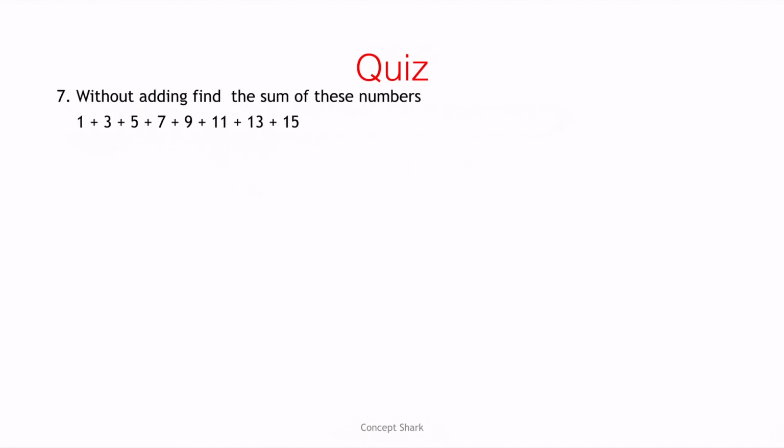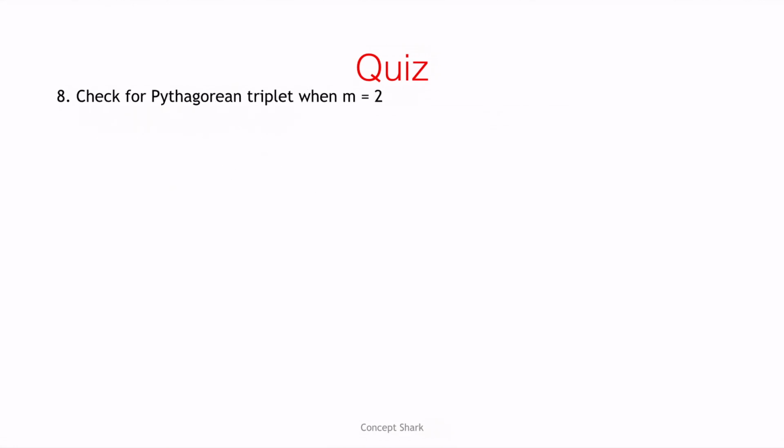Without adding, find the sum of these numbers. We have seen in the property that the sum of the first 2 odd numbers is 2 square, 3 odd numbers is 3 square. It goes on like this. Here it is the sum of the first 8 odd numbers, which is equal to 8 square. Hence 64 is the answer. Check for a Pythagorean triplet when m is equal to 2.